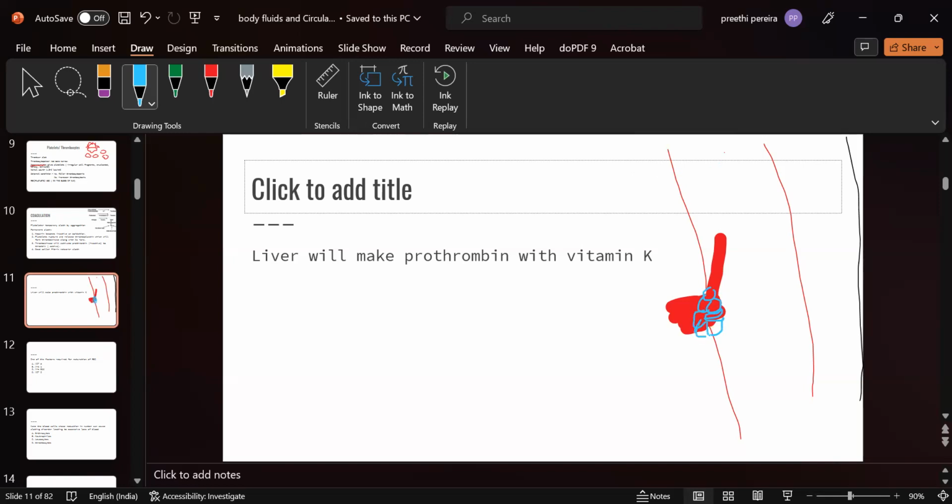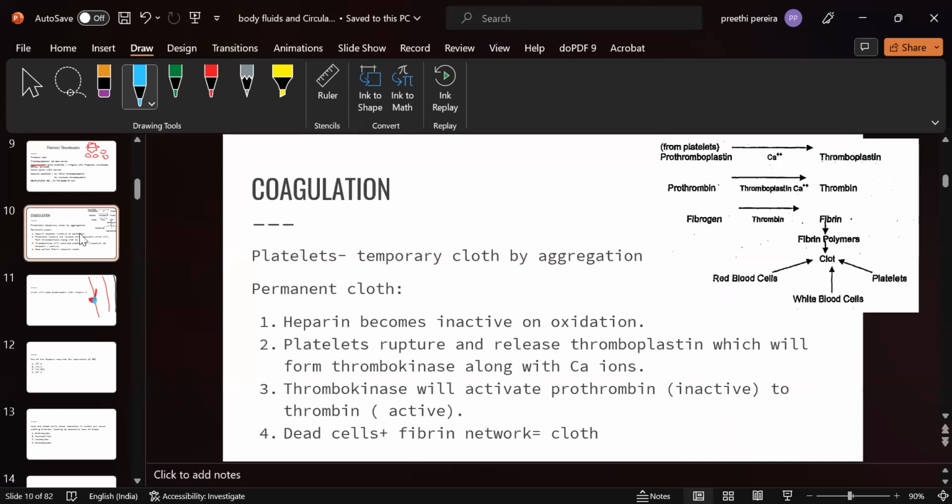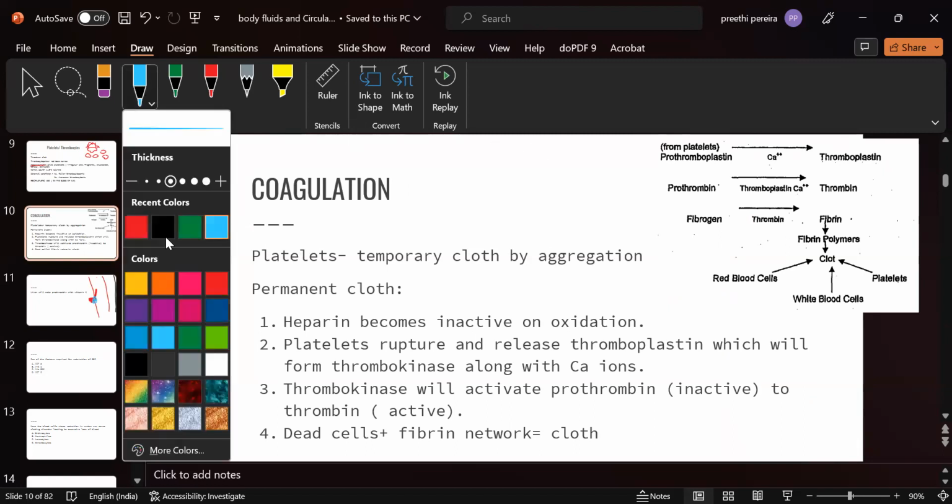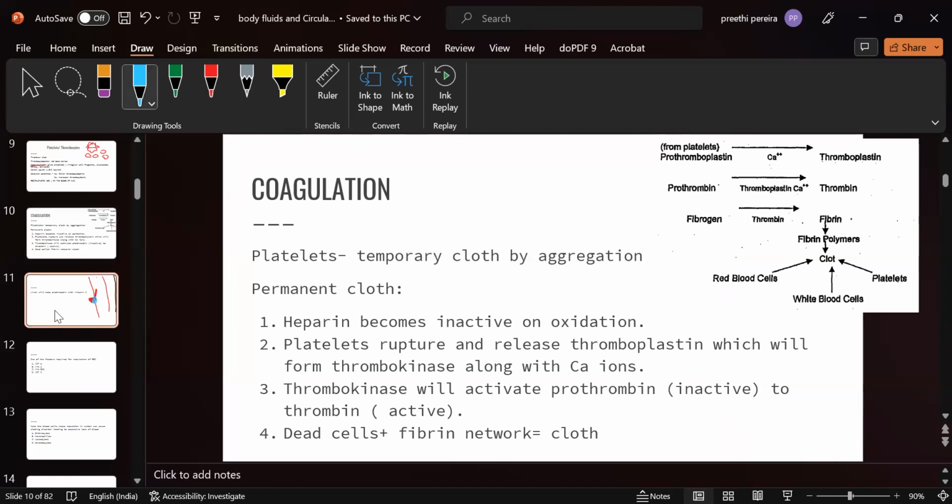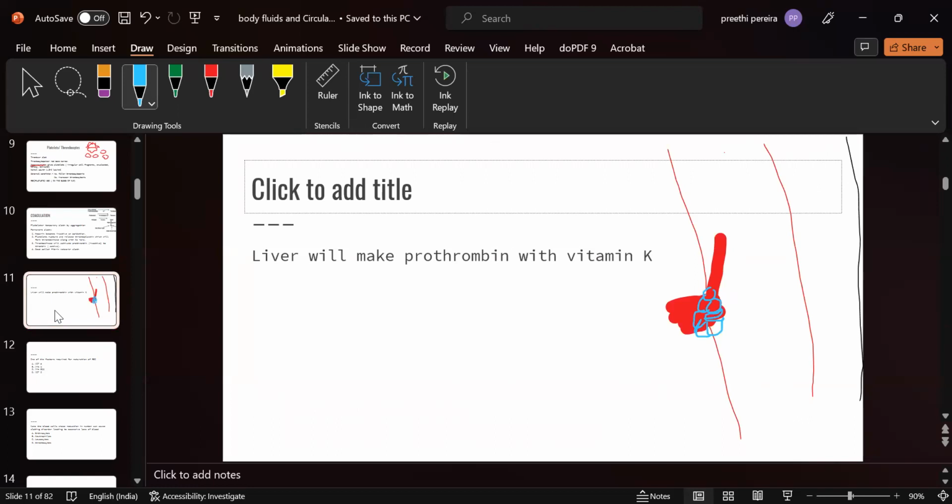But this is temporary. Still the blood puts pressure on this. Did you understand till here? Who first stops the blood clotting? Platelets stop the blood clotting. And this is called a temporary blood clot. It is not for a long time, only for some time.